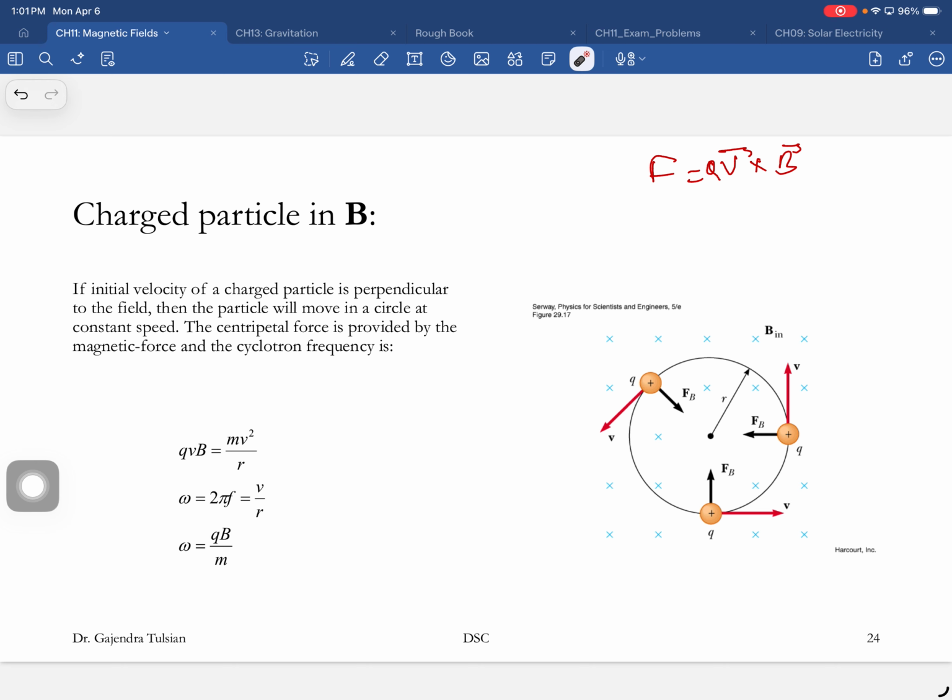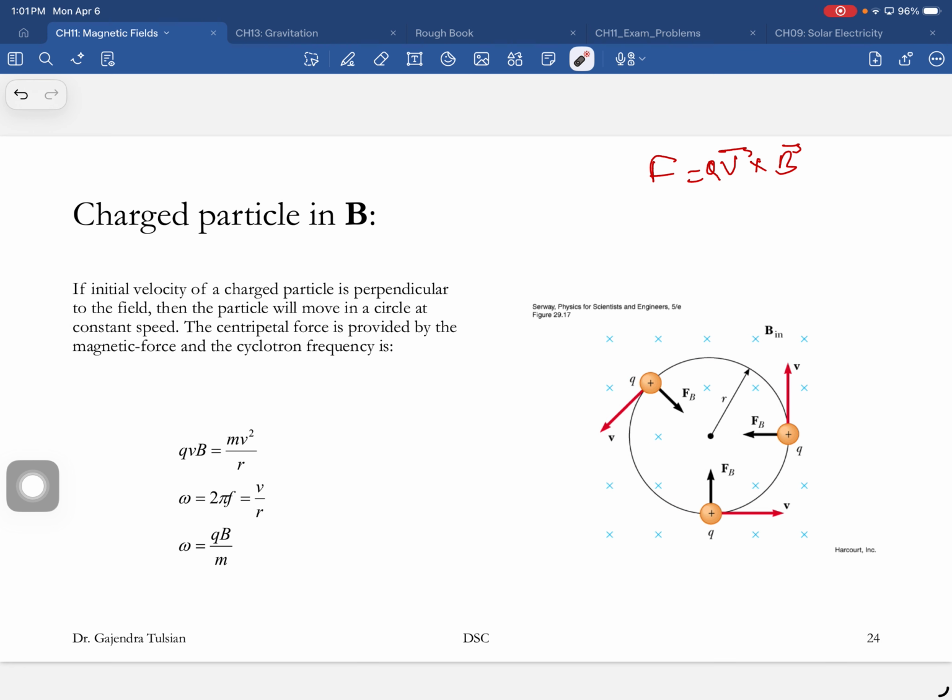And so this is the angular frequency. So a charged particle, when you throw it perpendicular to the magnetic field, it'll go in a circular orbit. And you see, the magnetic field lines have trapped this particle.